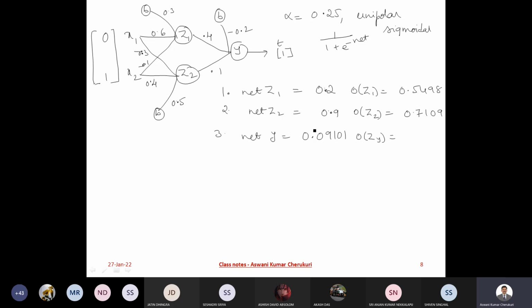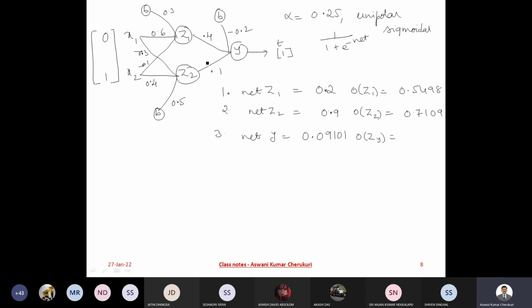So we are computing OZ1 into 0.4, then OZ2 into 0.1, and bias 1 into minus 0.2.